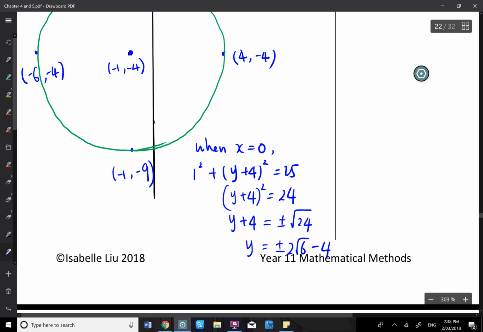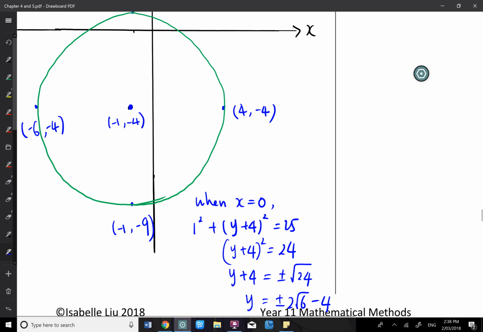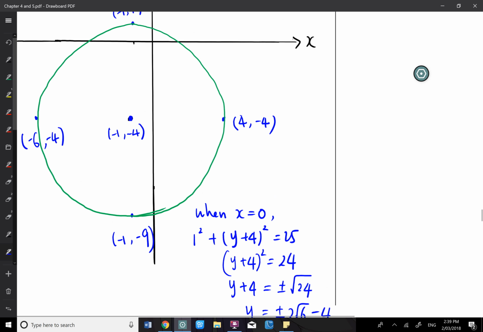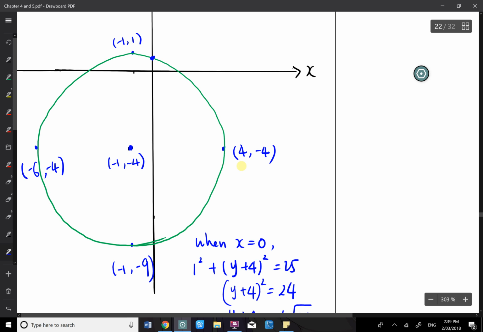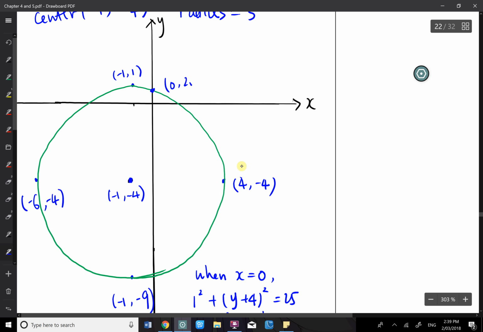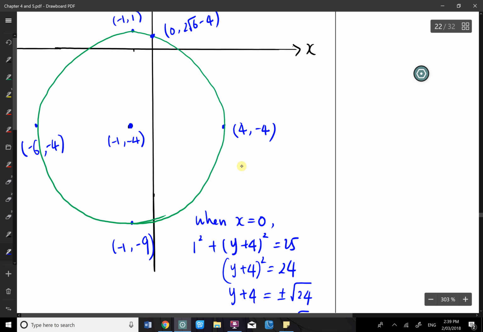So that's the y-intercept here: 2 root 6 minus 4, and then the other one is 0, minus 2 root 6 minus 4.